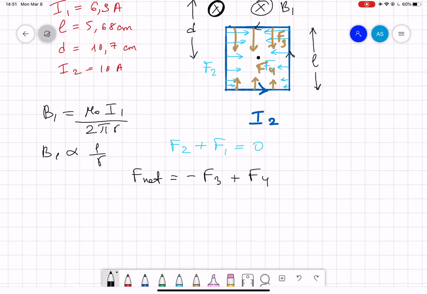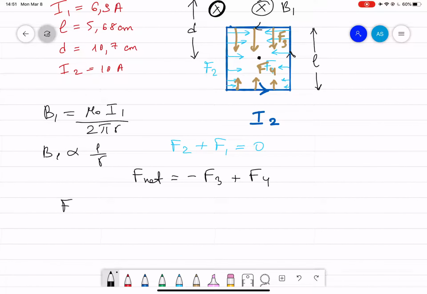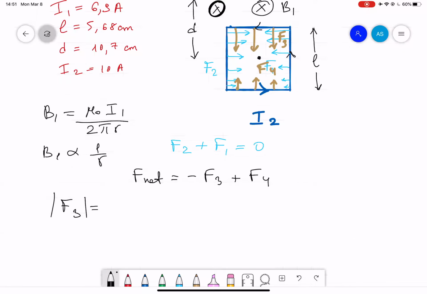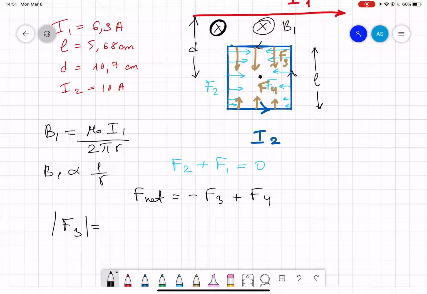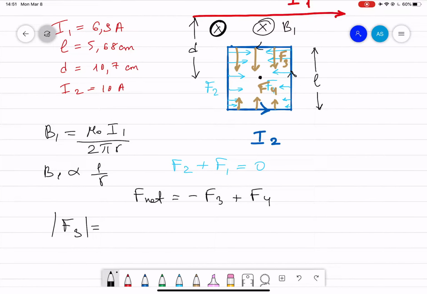Now, before finding the magnitude of F3, I have to show what the distances are.